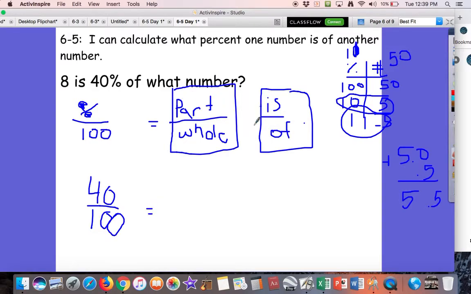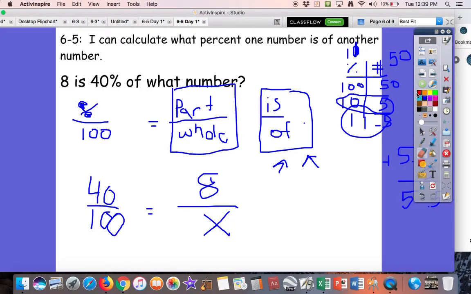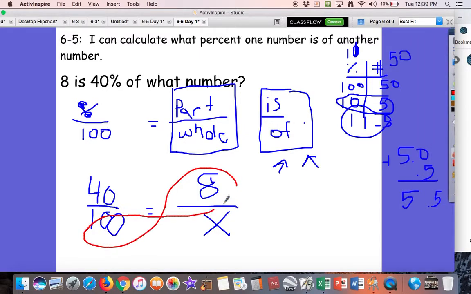And we have an is, of, so I'm going to use this one over here. Okay. Is of. So we know the is, that's 8. And of what number? We don't know that. Okay, so I'm going to use cross product, and I'm going to multiply those two together and divide by that.